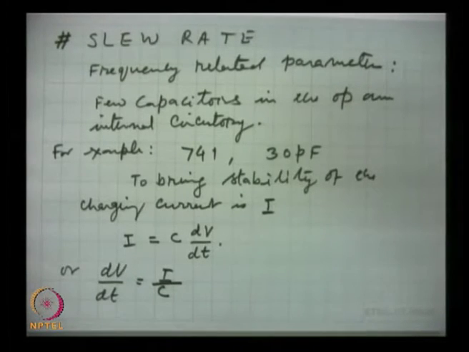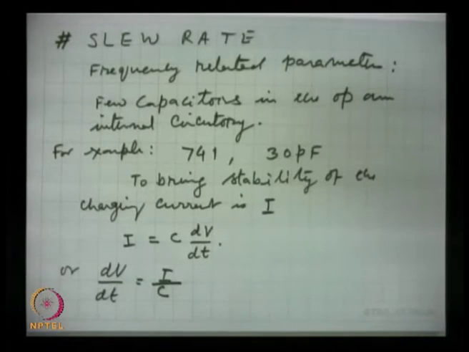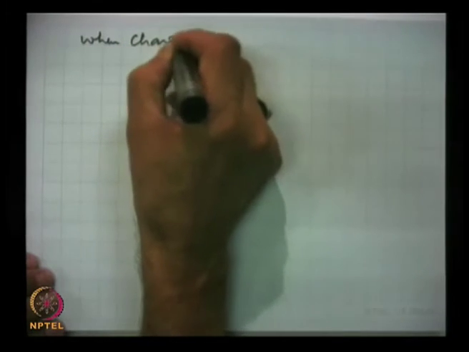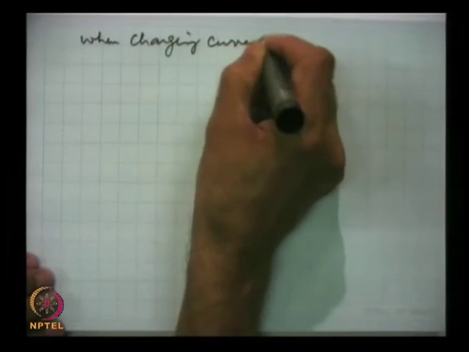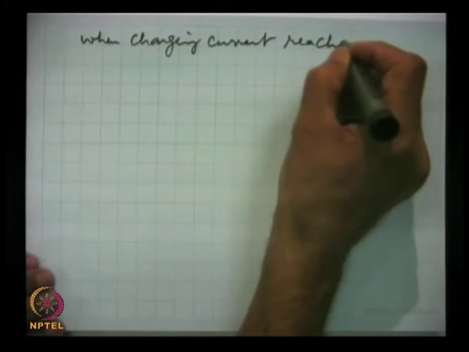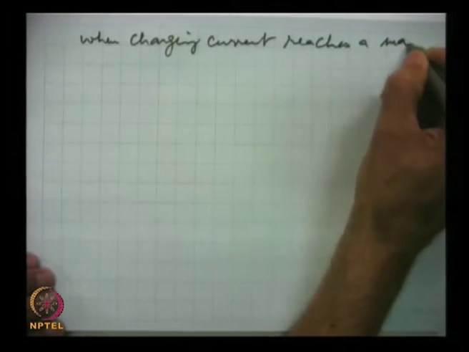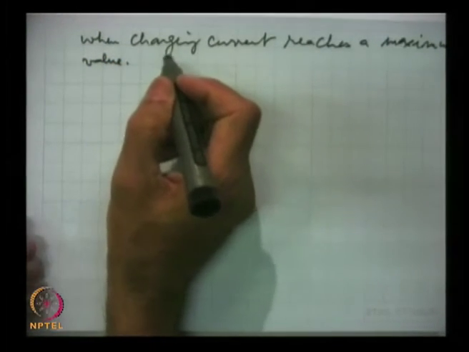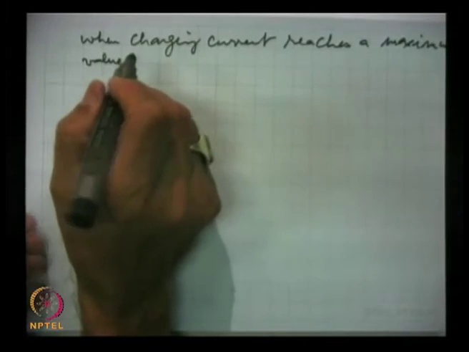Now, when the charging current reaches a maximum value, the rate of change of voltage gets constant.